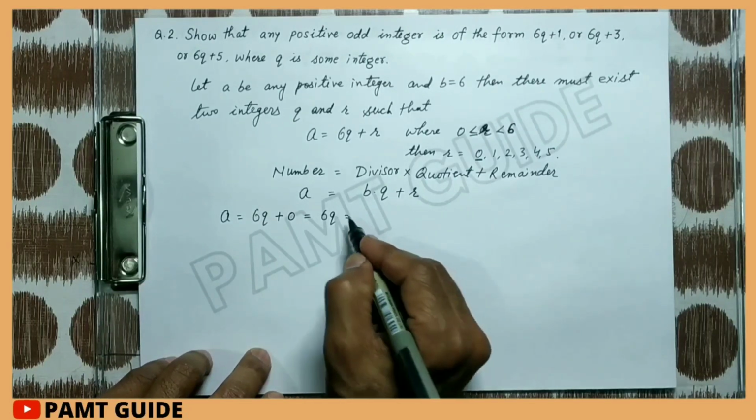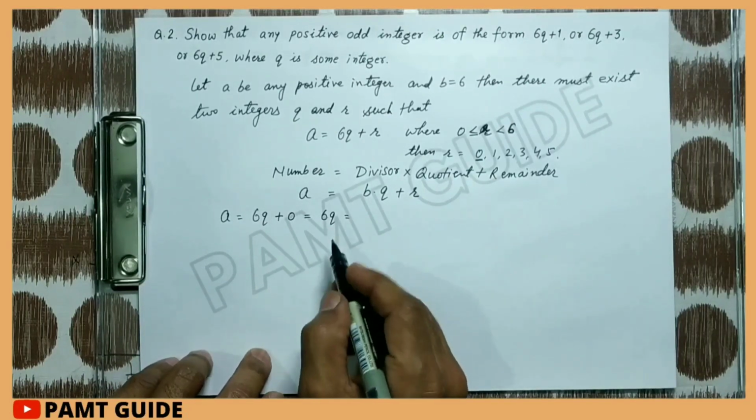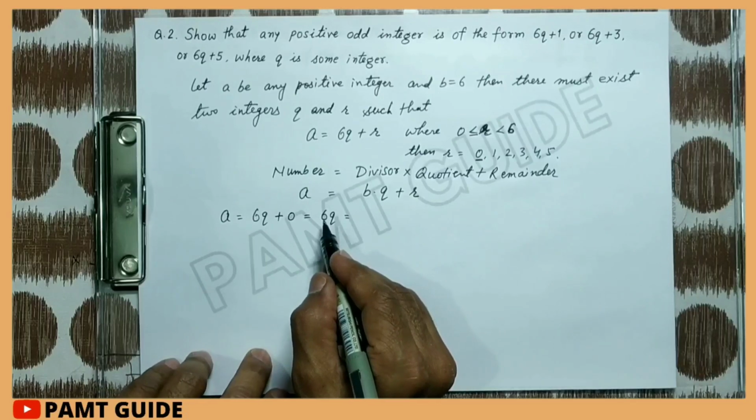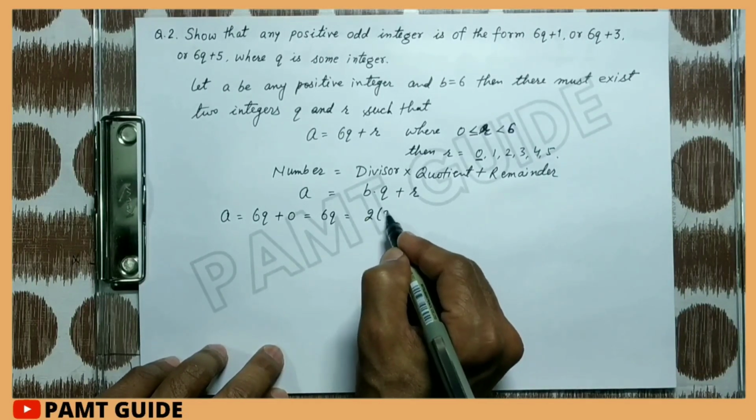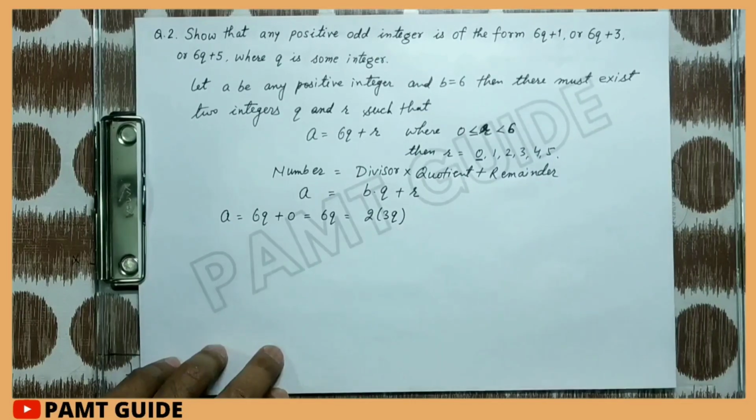Then we can divide it by 2, means we can write 6q in the form of a multiple of 2: 2 threes are 6, so 2 into 3q.